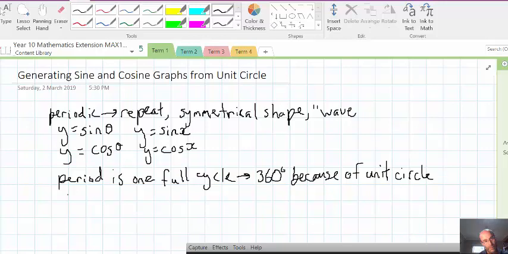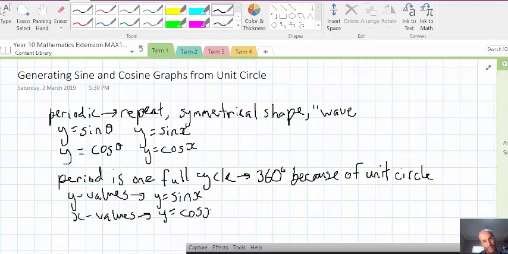And from the previous graph, the y values correspond with the sine graph, and the x values the cos graph.